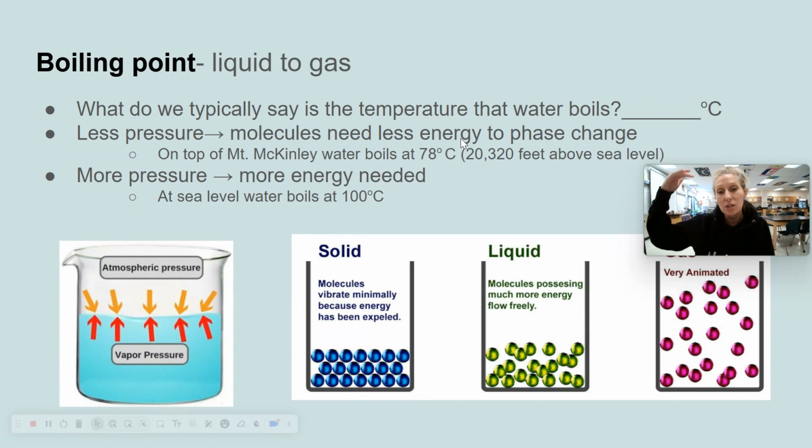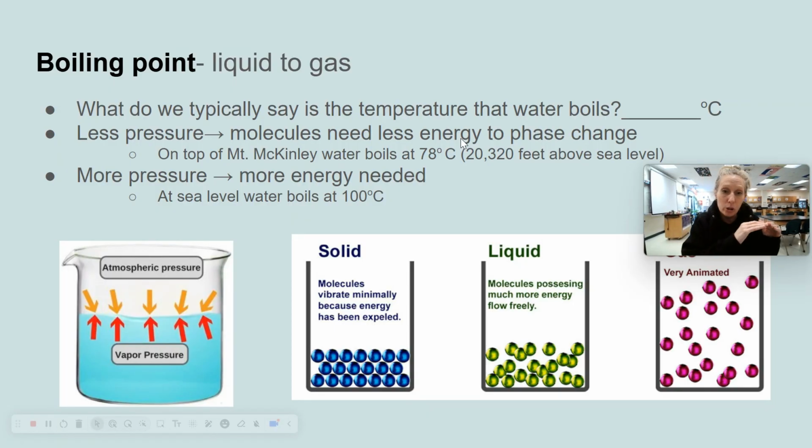So if you travel up to the top of Mount McKinley, water will begin to boil at 78 degrees Celsius. Now that's not really hot. If you were to touch that, it wouldn't be super hot. It'd be like bath water, right? But it would be physically boiling. So it's kind of weird. The water is boiling, but it's not as hot as you would think.